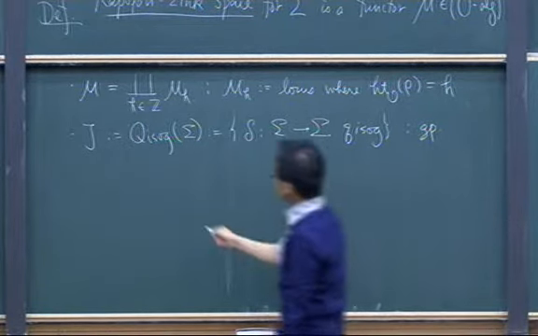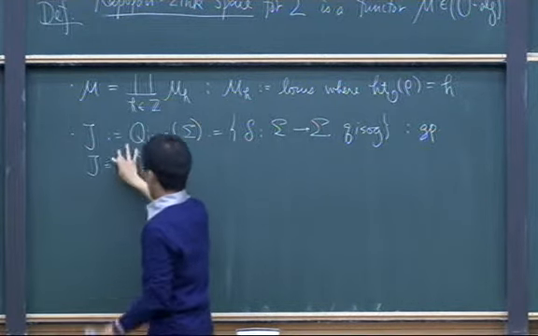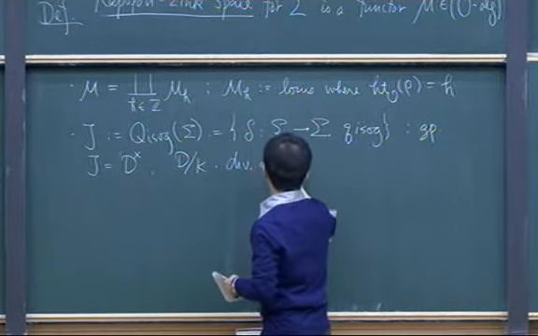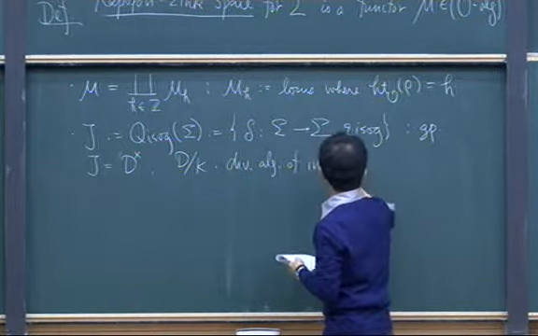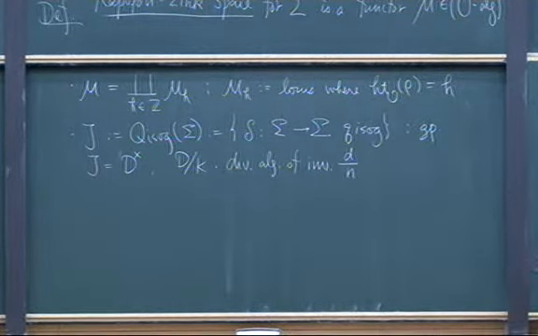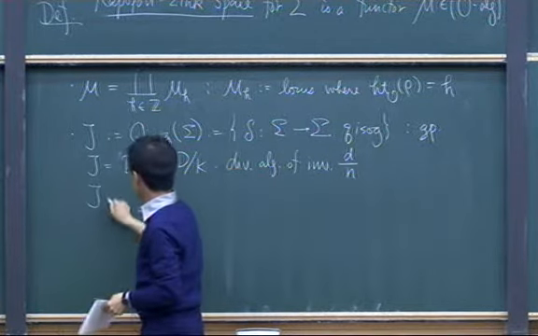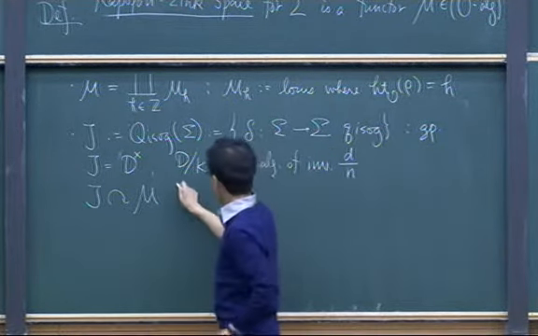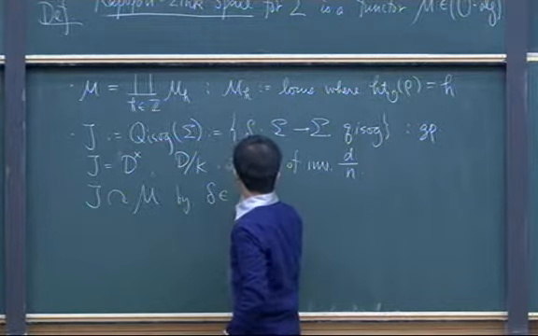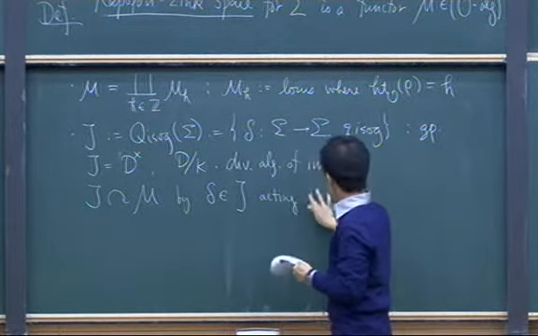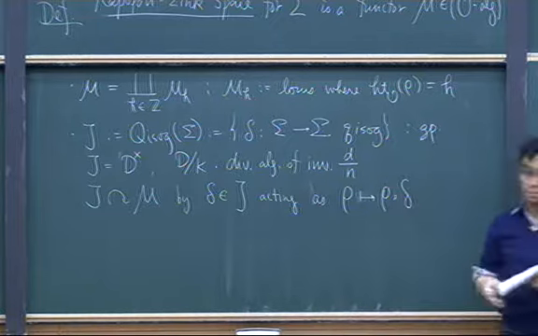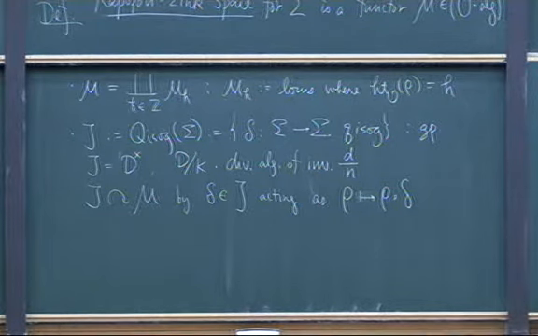And in this case, J equals D cross, where D over K is a division algebra, and this will naturally act on my space, because you can compose your quasi-isogeny delta on the domain of rho.